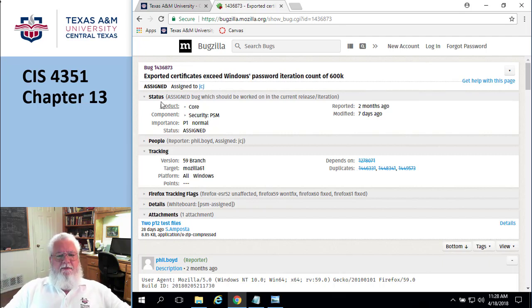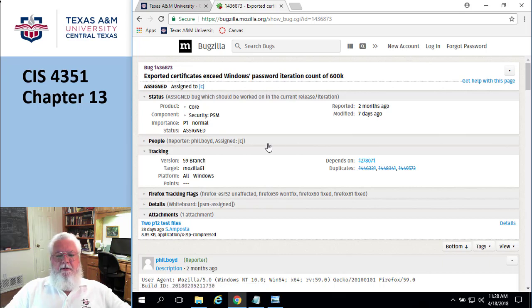So what's the status? First of all, what the product is, what the component is, and what the importance is. They apparently didn't think this was all that important. It only got a normal priority. Assigned. It was reported 2 months ago, but the status had been modified just 7 days ago.